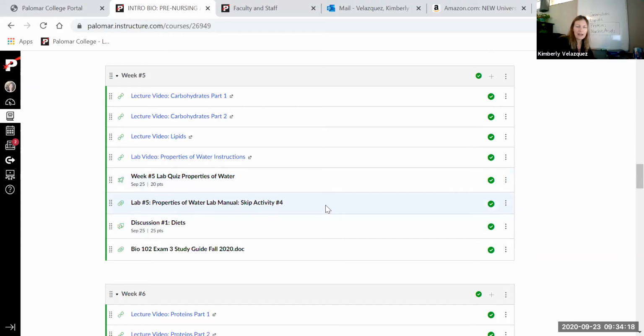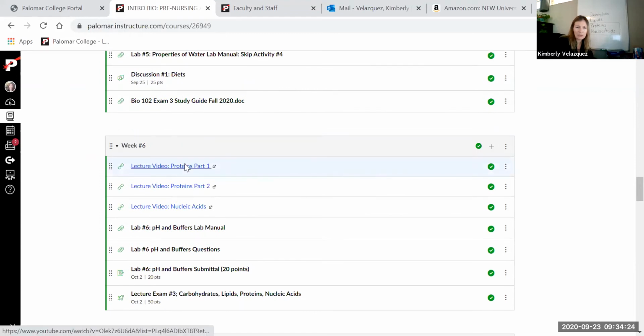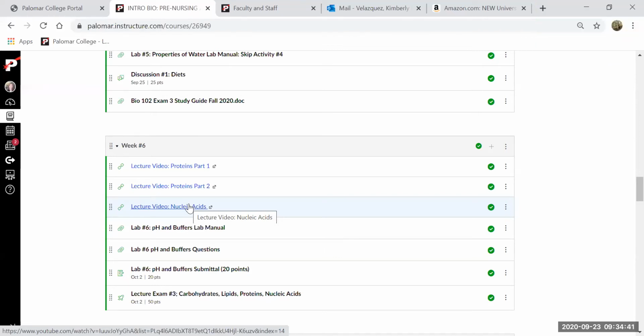So for week 5, we're just looking at carbohydrates and lipids. Next week, you're going to be looking at proteins and nucleic acids. I don't want to get too far ahead and review proteins and nucleic acids today, but I will draw their structure today because I would like you to start out with just a picture of all 4 together so you can compare them. And we're going to be using the names of the functional groups to identify those macromolecules.